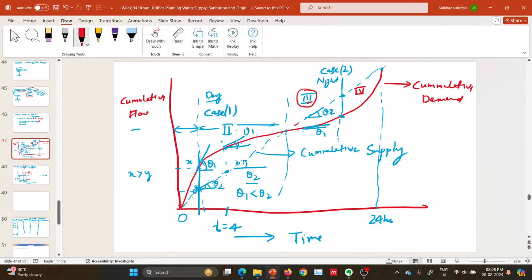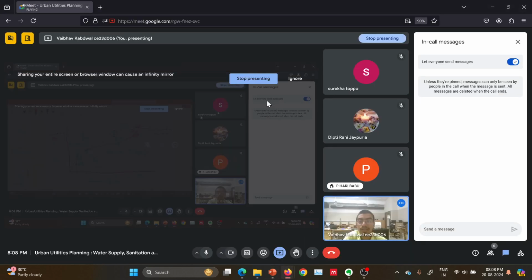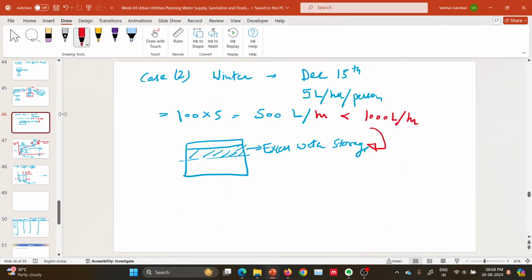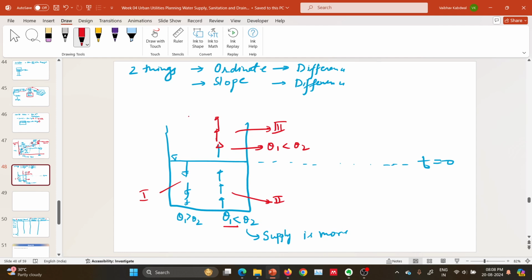And in phase 4, you may see this is theta 1, this is theta 2. It will again come down. The water, so this signifies the water level.